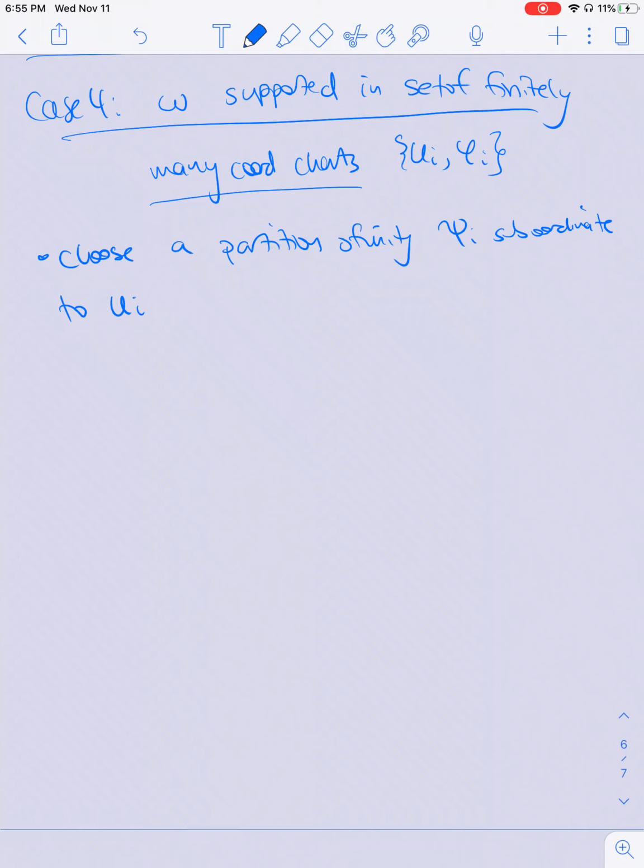And then it doesn't matter if they're boundary charts or interior charts, then we get that the integral over the boundary of M of omega is equal to the sum over i over all the coordinate charts of the integral over the boundary of M of psi_i times omega. This is just because it's a partition of unity, right? Because at each point, all the psi's, when you add them up, sum to 1.